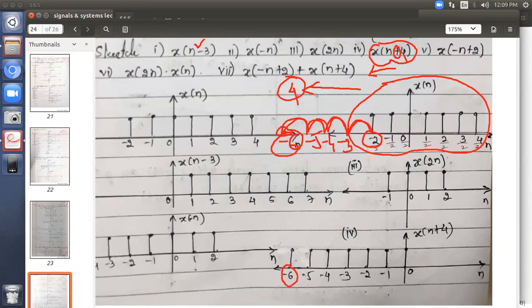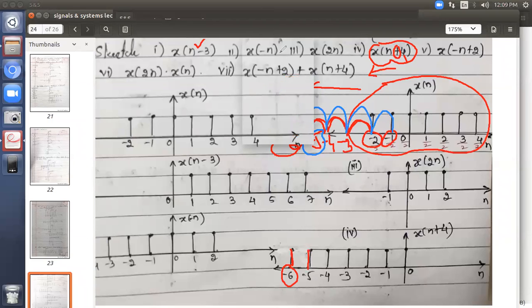So at minus 6, draw this 1 amplitude. All values are 1, 1, 1, so no tension. Draw directly 1. Then go for the next time, minus 1. Again shift by 4 amounts: 1 shift, 2 shift, 3 shift and 4 shift. So I will reach minus 5, and at minus 5 you draw the next.